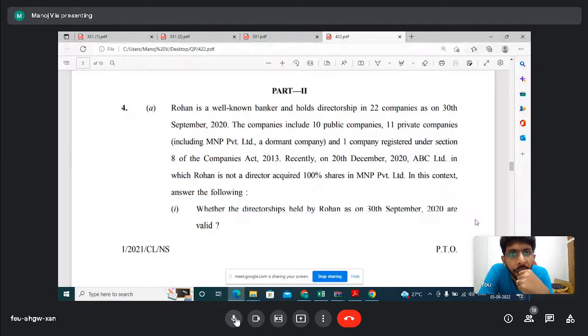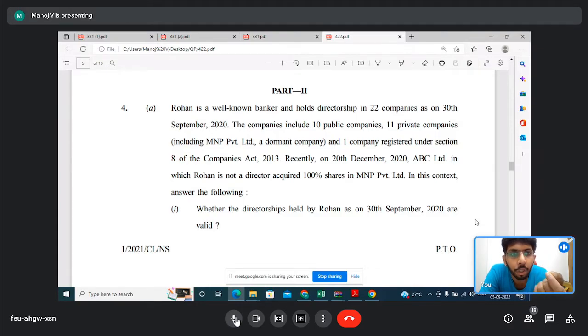As we said, we have discussed only 20 companies you can own, but here it is 22. But one is a Section 8 company. Section 8 is an exemption, so he can hold it. No, because even then, Section 8 is exempted. The thing is, 11 private companies, including the one government company.